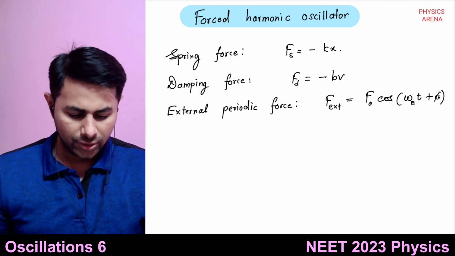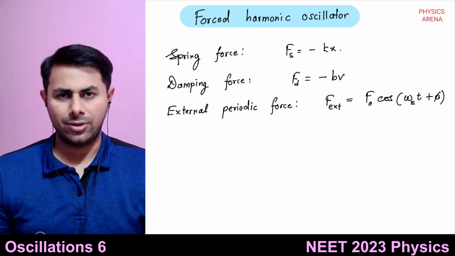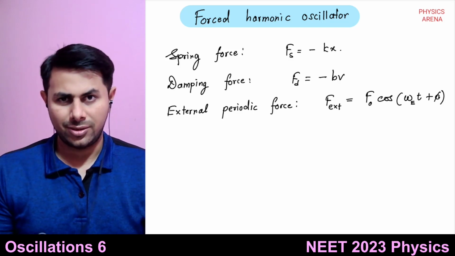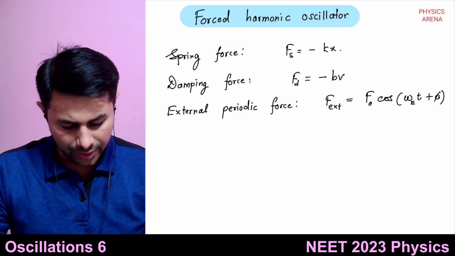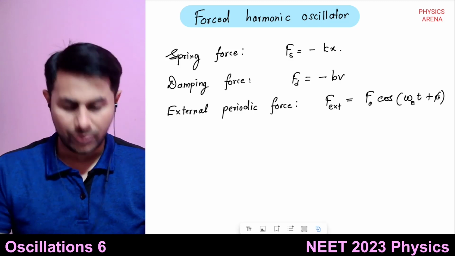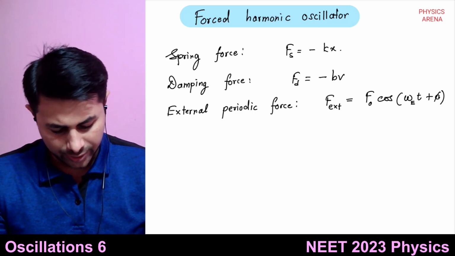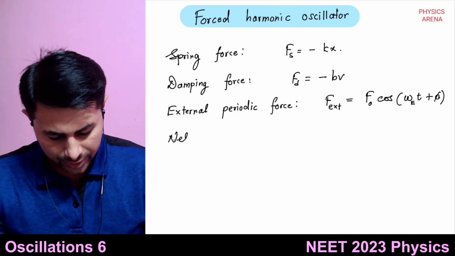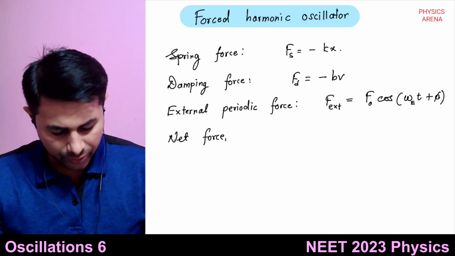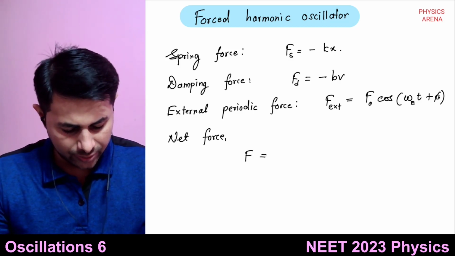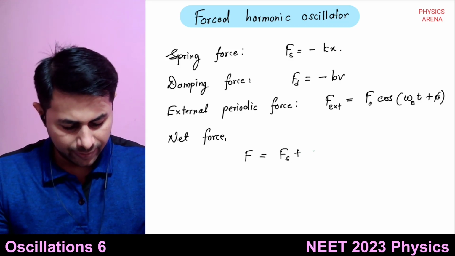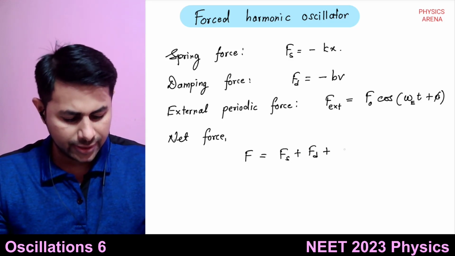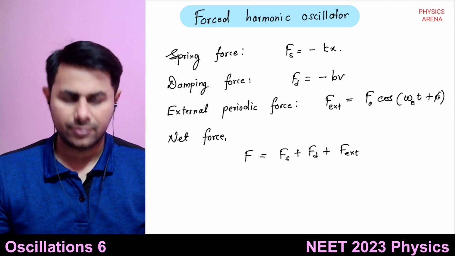Now if you try to write down the equation of motion, the sum of all forces is the total force. So the net force is F equals Fs plus Fd plus F external.